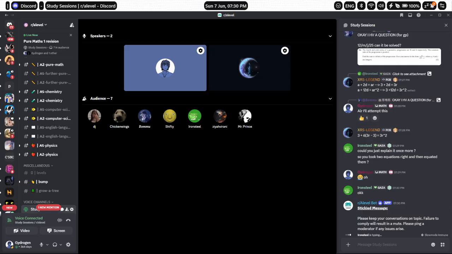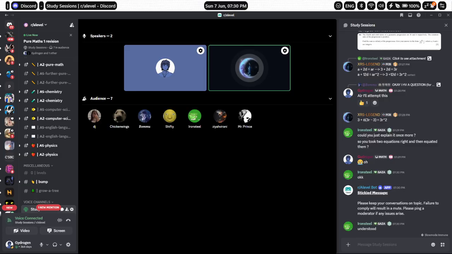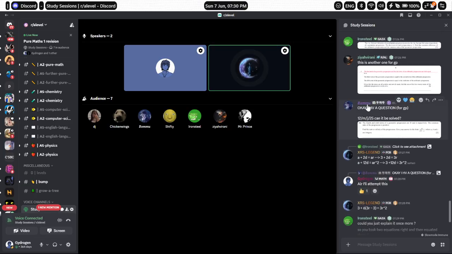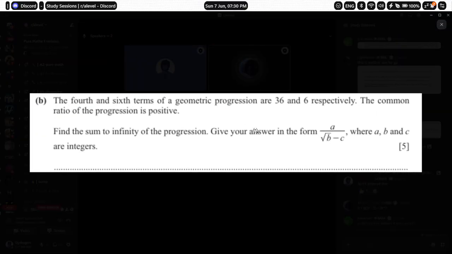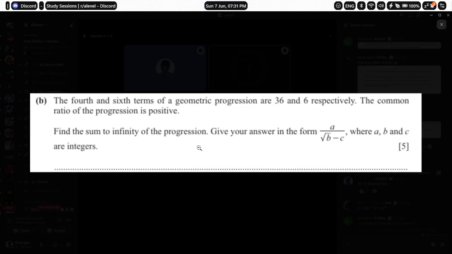I think for the question Bomo sent, the value of A was 7776. No, never mind, that's probably wrong. Anyway, so you have the fourth and sixth term, 36 and 6. Both are powers of 6, so it's quite visible. The ratio of the terms is you divide it by root 6, and it's possible it's plus or minus root 6, but they have told it's positive.